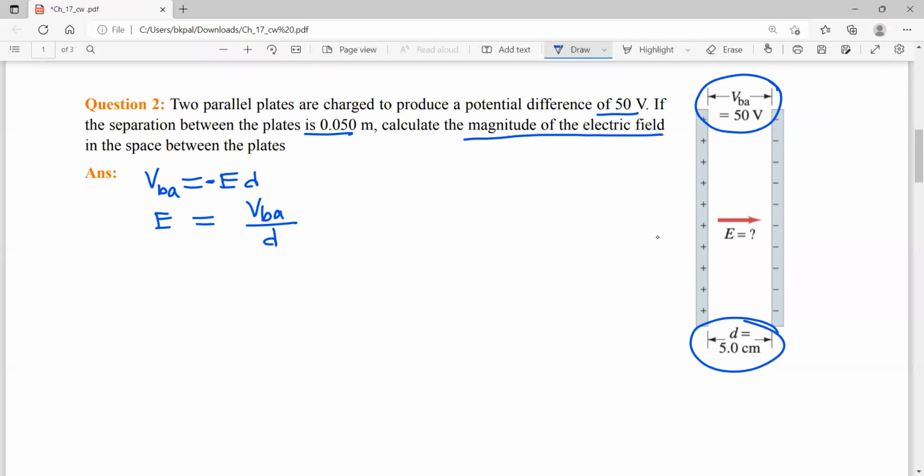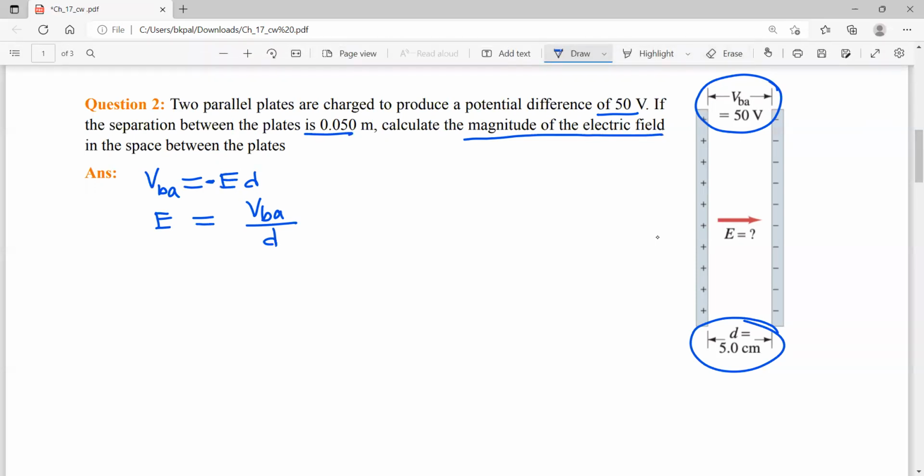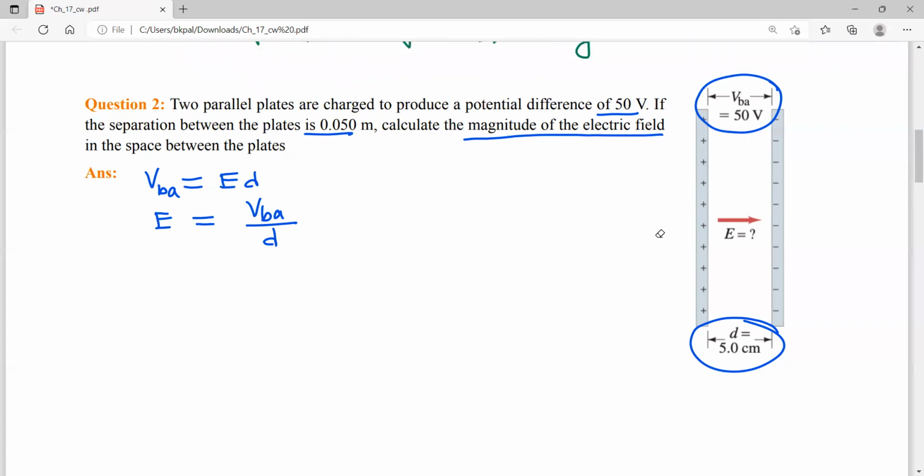So it doesn't matter whether you put a negative sign or positive sign here. Let me just use a positive sign. Potential is a scalar quantity, E is a vector quantity, and displacement is also a vector quantity.